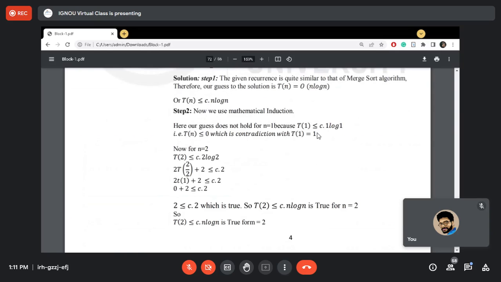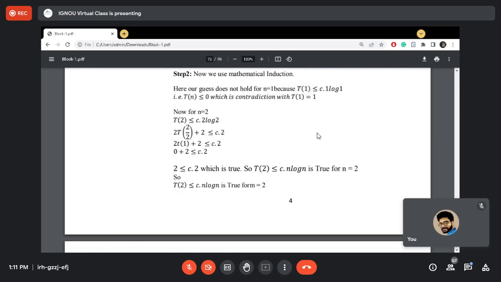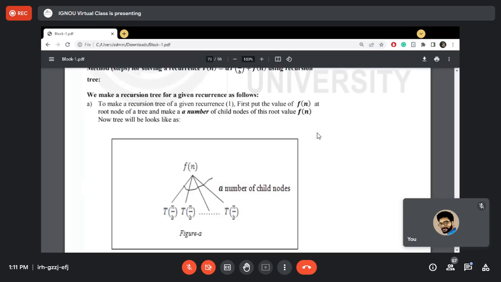Because if they got log base 2 of 1 as 0, they should multiply this one with 0 also. Let me check. We will discuss this in the next class. So substitution method and iteration method we will discuss in the next class.